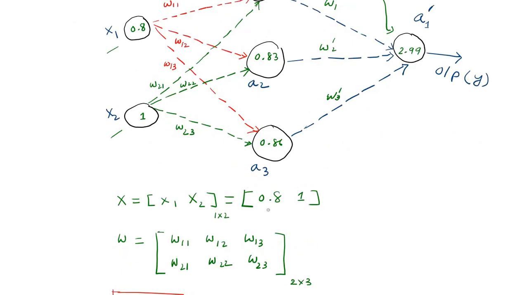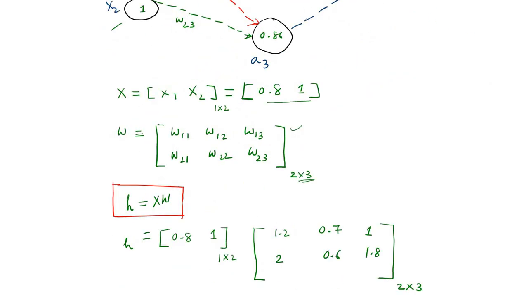We already provided the inputs 0.8 and 1, and w is represented as this 2 cross 3 matrix, with values 0.2, 0.7, 1.2, 0.6, 1.8.